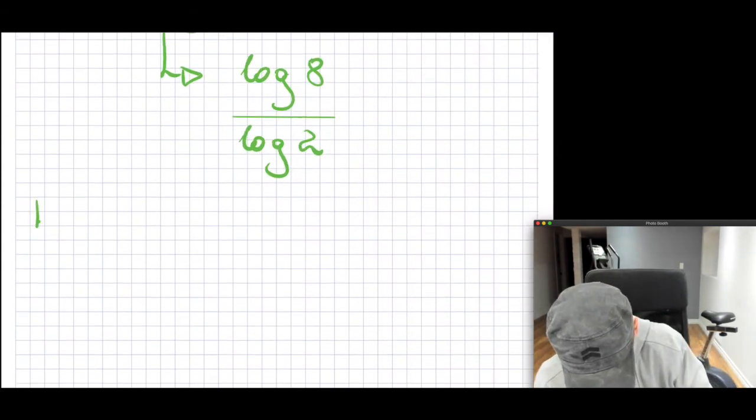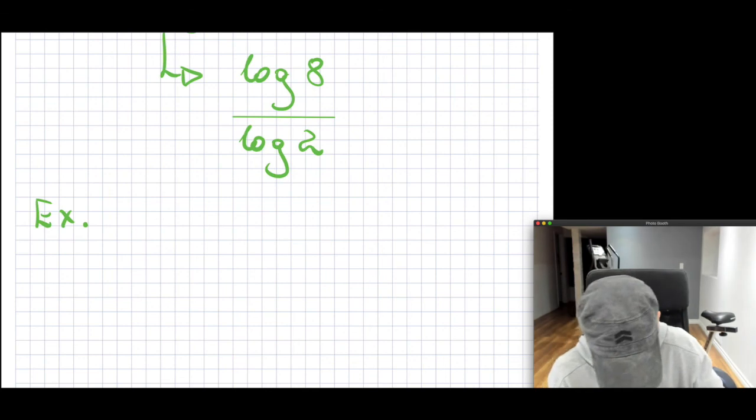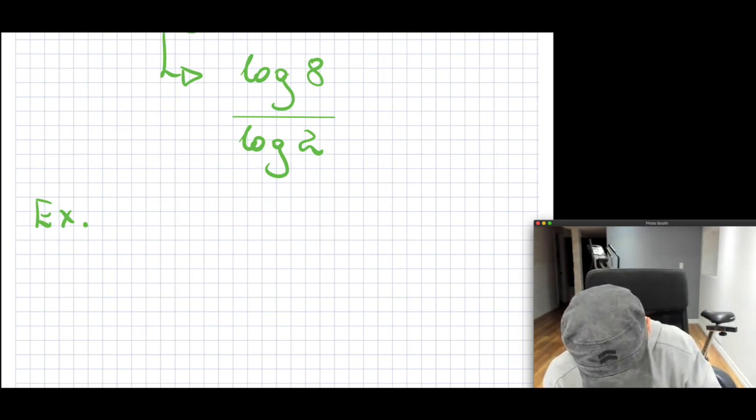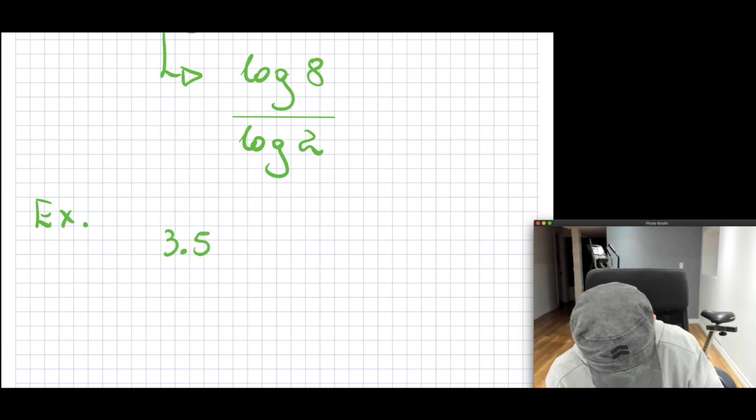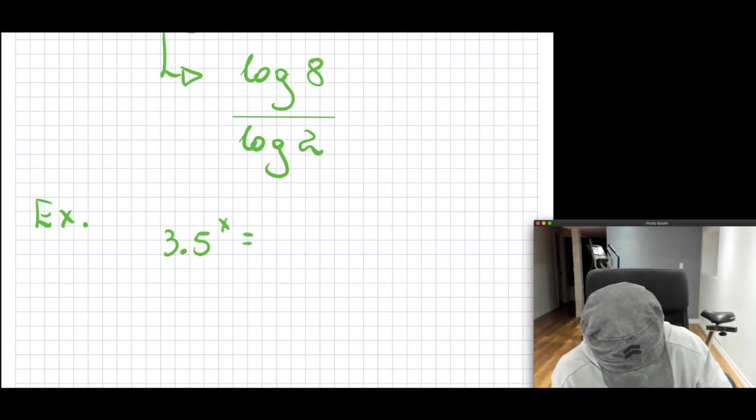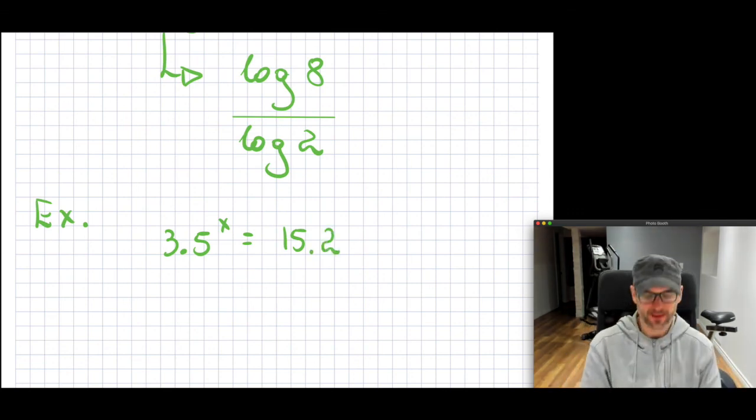So here is one for you. Let's say we wanted to find, say this was 3.5 to the x is equal to 15.2. How do we find our exponent?